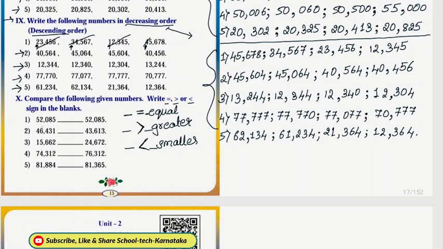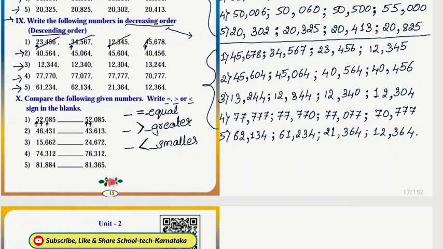So our first given number is 52,085 and 52,085. How do we compare these two numbers? We start from the 10,000s place. So at 10,000s place we have 5 and 5. Since 5 and 5 are equal, we move to thousands place. So at thousands place we have 2 here and 2 here. Since these are again equal, we move to hundreds place.